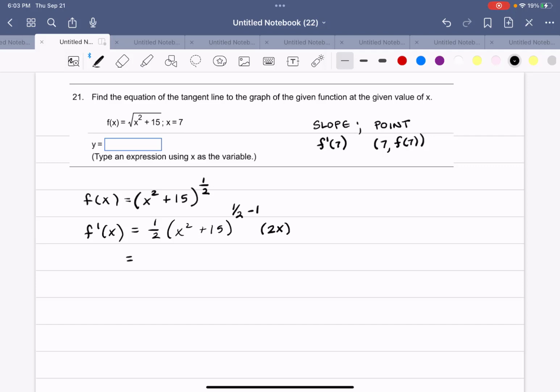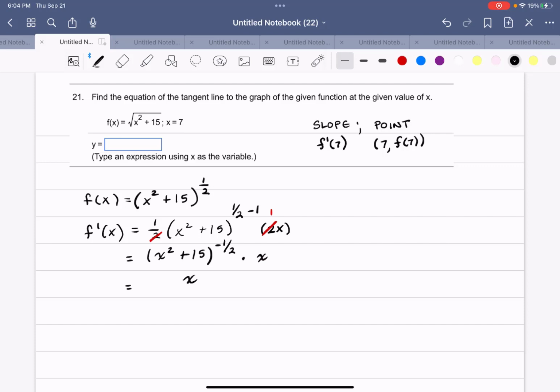So a little cleanup. I have a 2 on top that'll divide with the 2 on bottom. That's just going to leave a 1. And then I have x squared plus 15 to the minus 1/2 power times x.